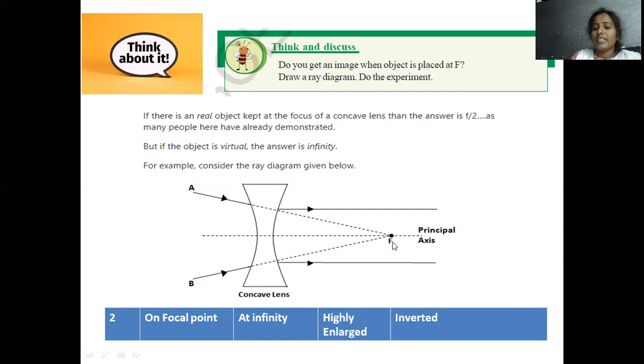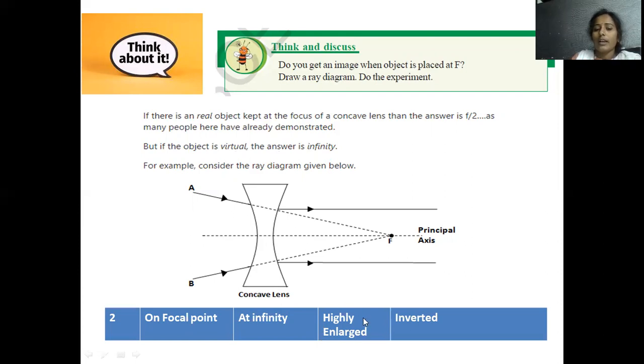So if the object is placed exactly at the focal point, what happens? It forms its image beyond its curvature, behind the mirror, and you can say it is the virtual one. And always the distance will be infinity. We are not able to measure the exact distance from the object. So at infinite distance you are able to get the image, which is the virtual one.